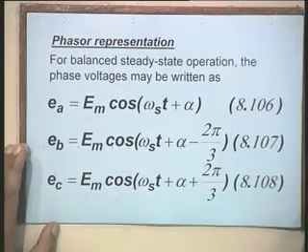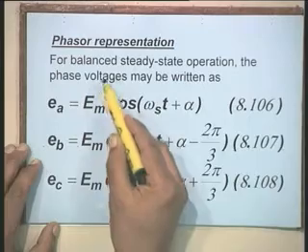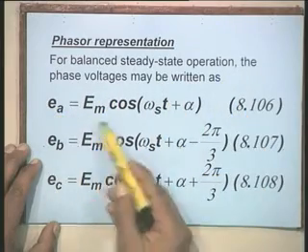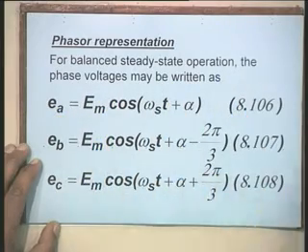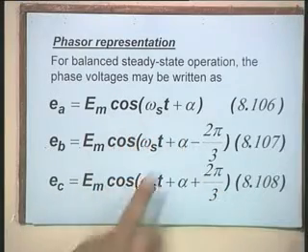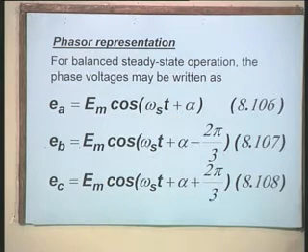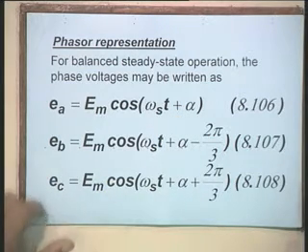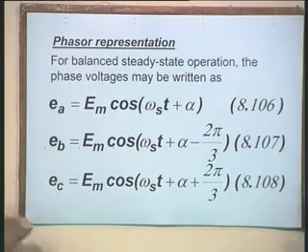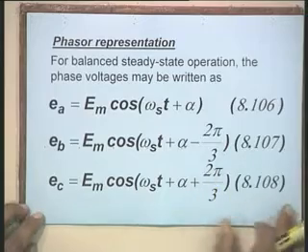Now, to start with, let us say that we have a balanced steady state operation. The phase voltages are given by these equations. That is, EA is equal to Em cos(omega s t plus alpha), where alpha is some arbitrary reference angle where you start, and Eb is lagging by 2 pi by 3, 120 degrees, and Ec is leading by 2 pi by 3.